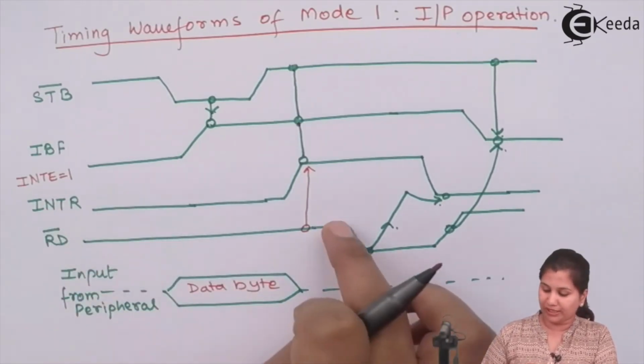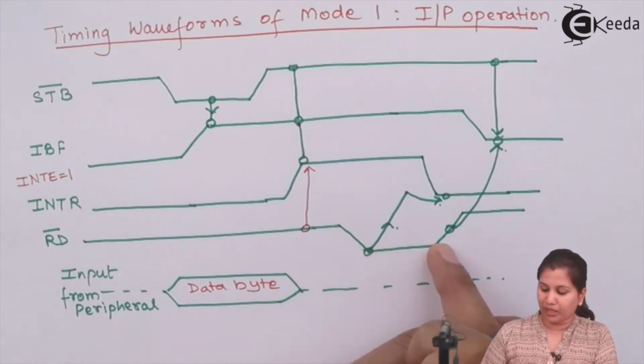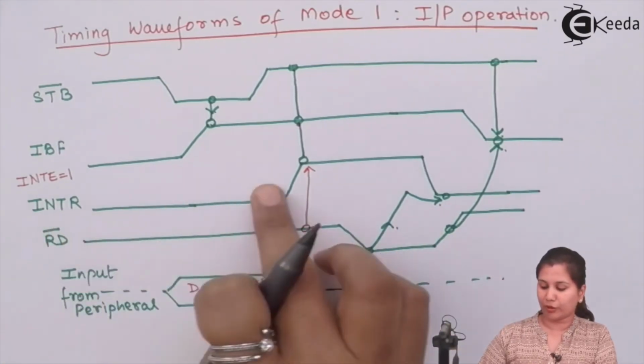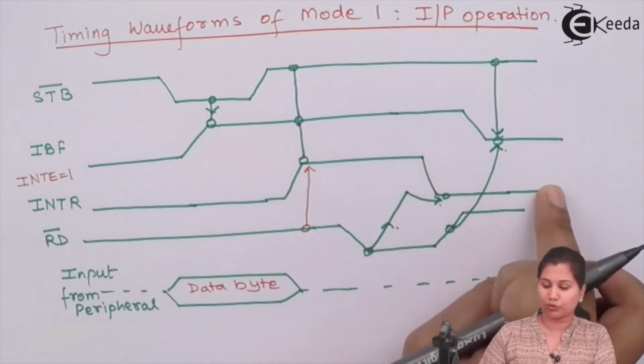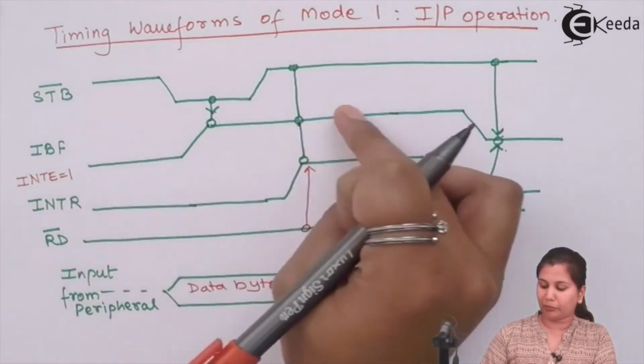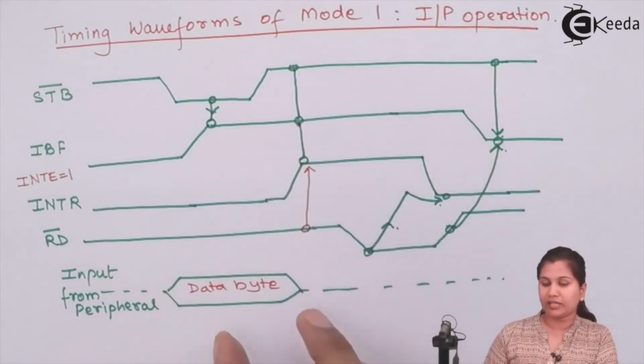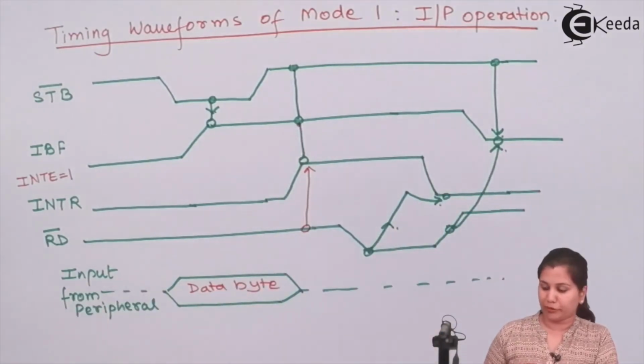Once the data byte has been read, the interrupt request goes low again, and IBF, input buffer full, also goes low, because that byte was read by the microprocessor.